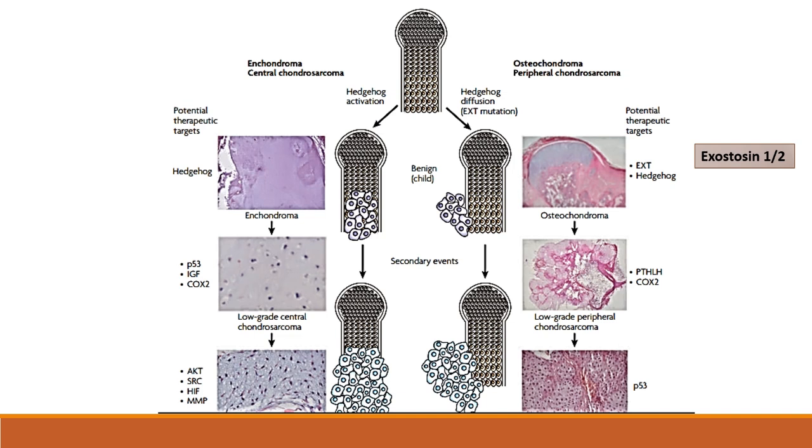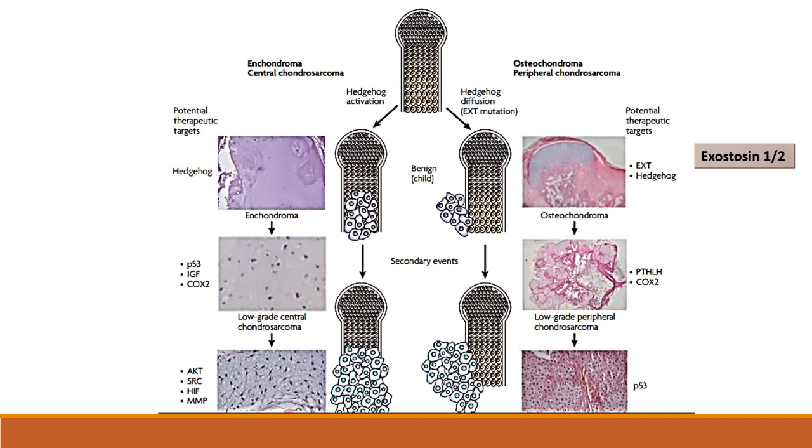As we know, the neoplastic process is a multi-step process. So there may be gradually P53 mutation, IGF mutation, COX2 mutation causing more and more accumulation of neoplastic mutation. There may be, on the other way, PTHLH receptor defect or maybe COX2 inhibition again in the osteochondromas.